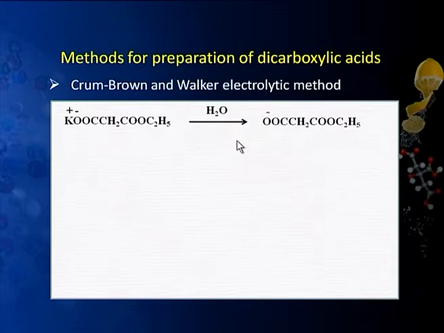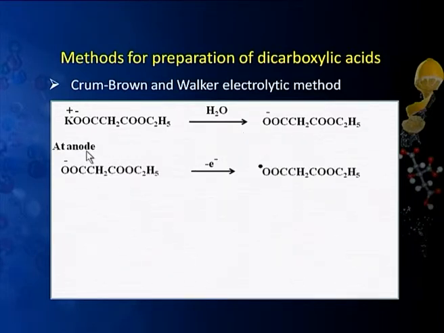Now when electricity is passed through the solution of these acids, the anionic part moves to the anode, and at the anode oxidation occurs. Oxidation involves the loss of electron. So one electron is lost and we get a radical formation here.